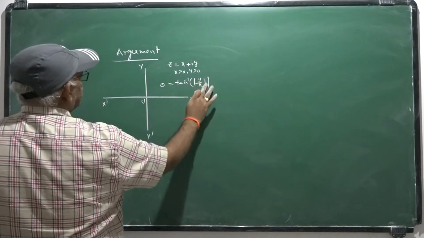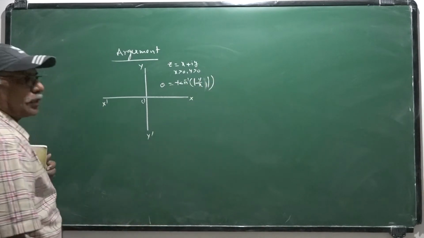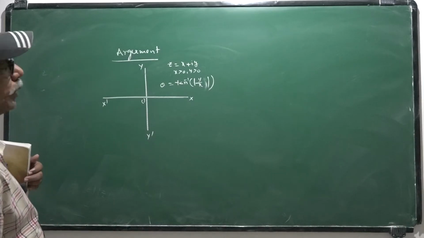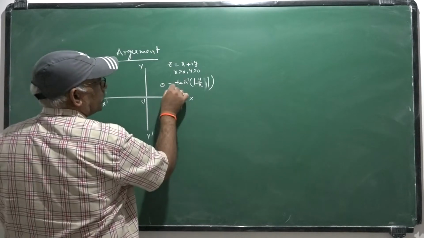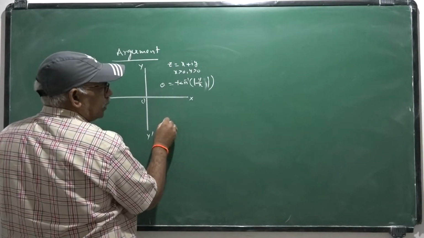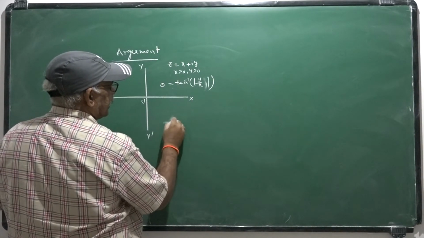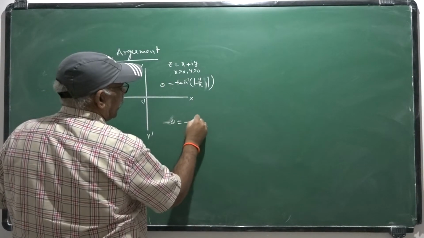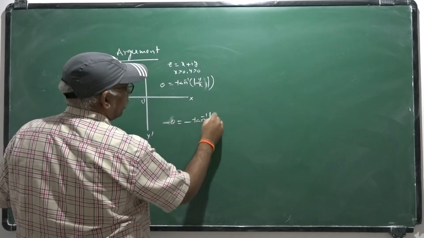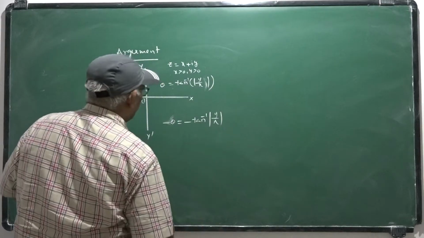Of course, the modulus gives us the positive value only of y by x. That is the principal argument. In the fourth quadrant, it is minus theta, that is, minus tan inverse of mod y by x.